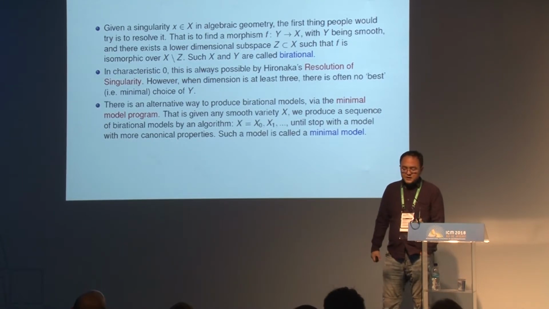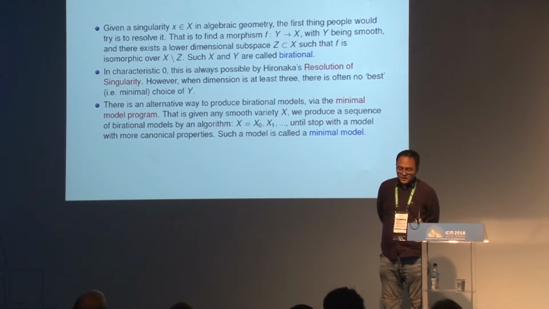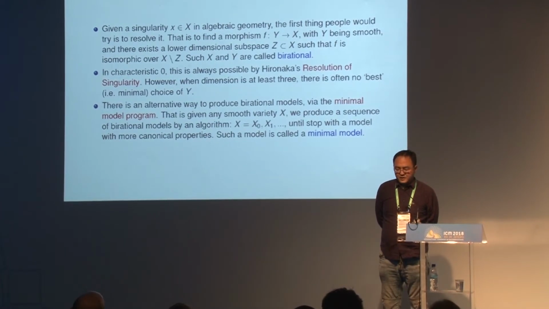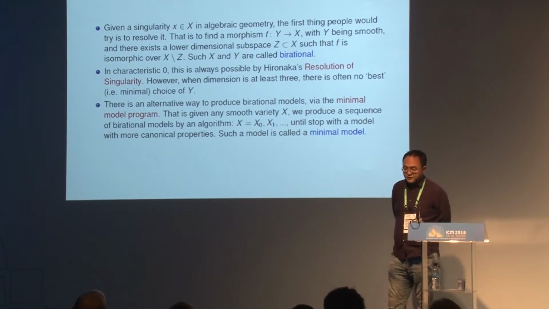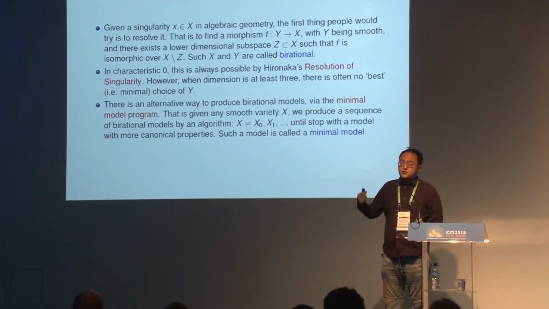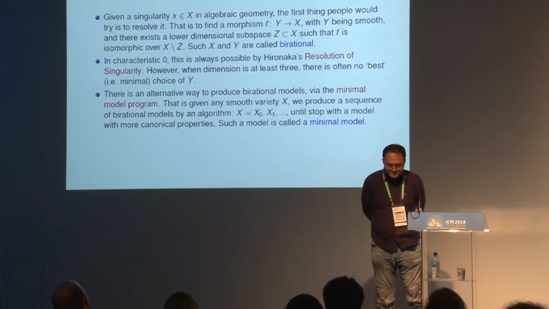So then in characteristic 0, the dream which I stated in the first step can always come true. That's because of Hironaka's resolution of singularities theorem. For such a singularity, you are able to find a Y satisfying the properties.